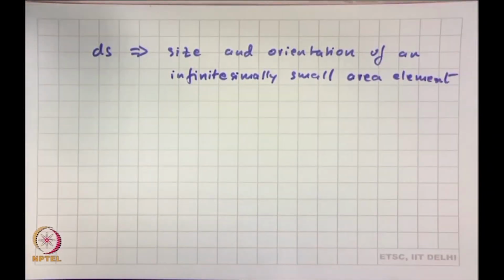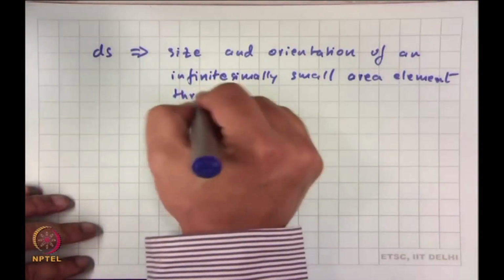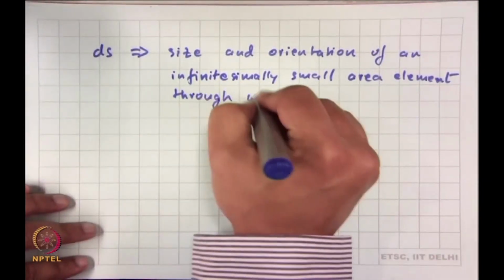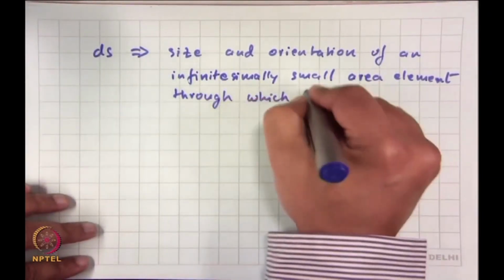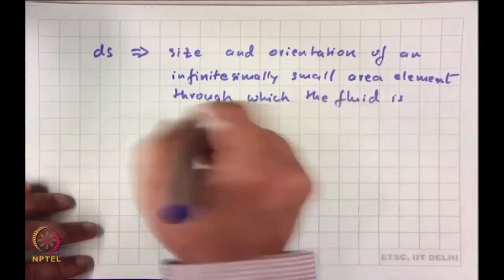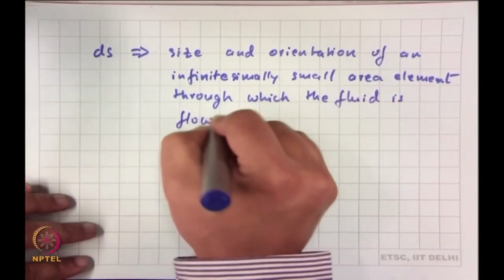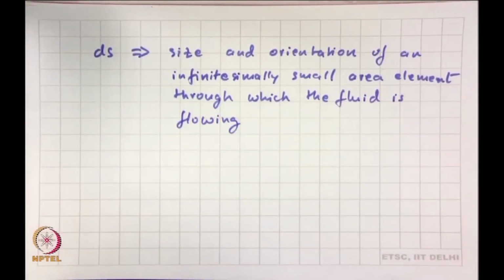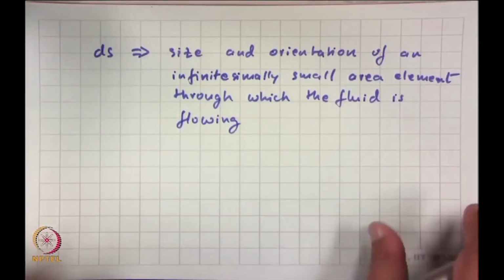Remember, this is the surface area we are talking about. So, this area essentially is a cross sectional area of your plane, because plane is 2D, right, through which the fluid is flowing. Okay, that is how you define ds.